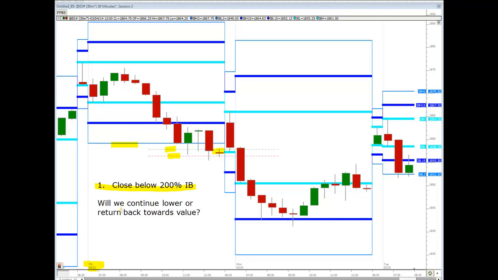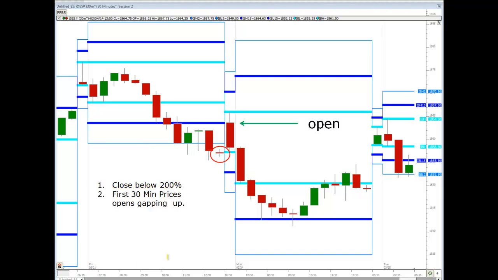So the question then becomes, will we continue lower, or will we return back towards value? And of course you see in front of you what happened. It looks like prices did continue lower, but let's take a look at the actual price development of how things progressed in the market.